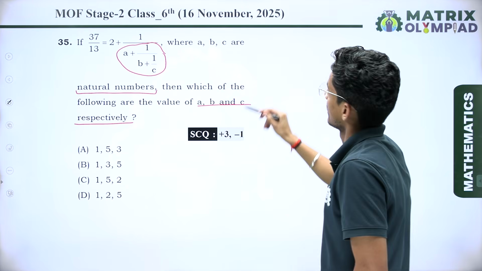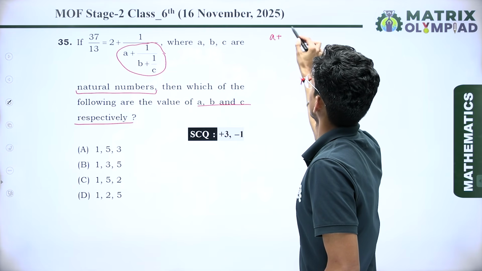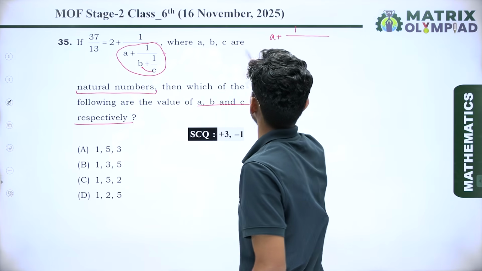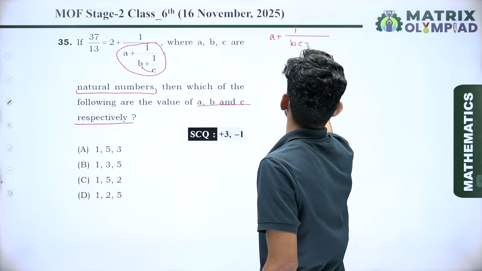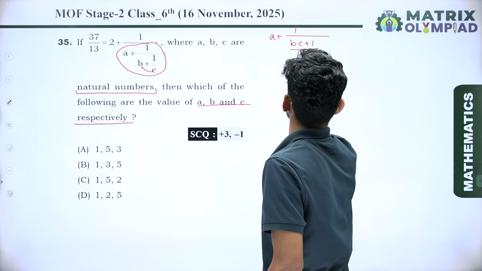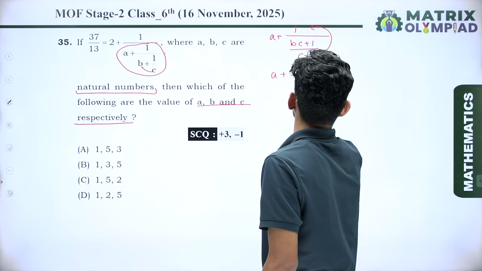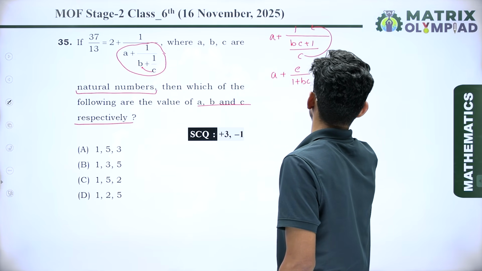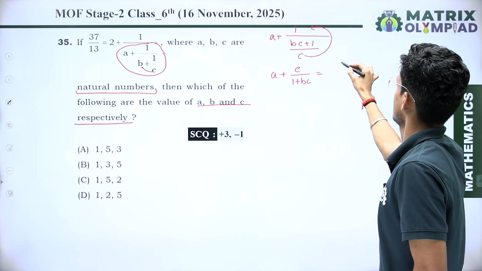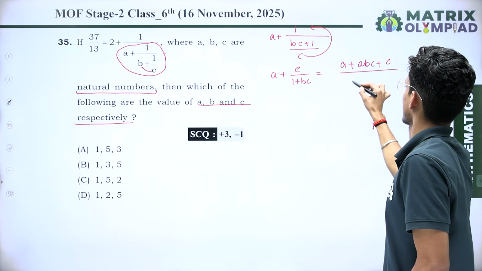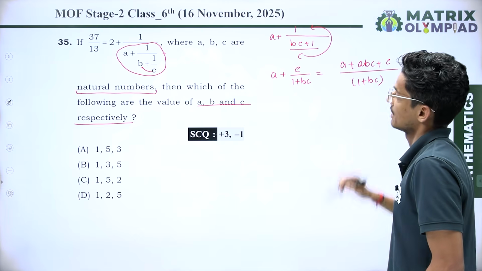So I can write A plus 1 upon, when we simplify it, BC plus 1, so BC plus 1 upon C. So C we transfer here, so A plus C upon 1 plus BC. Again when we simplify it we can say A plus ABC plus C upon 1 plus BC.